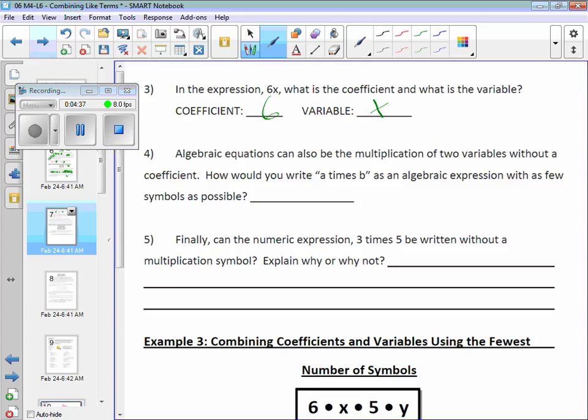Algebraic expressions can also be the multiplication of two variables without a coefficient. How would you write A times B as an algebraic expression with as few symbols as possible? Giuseppe. That is it.